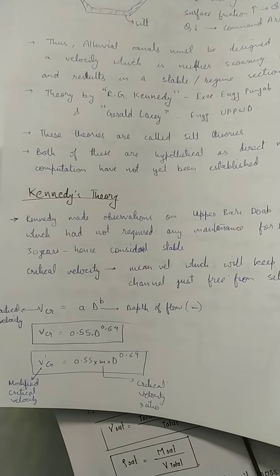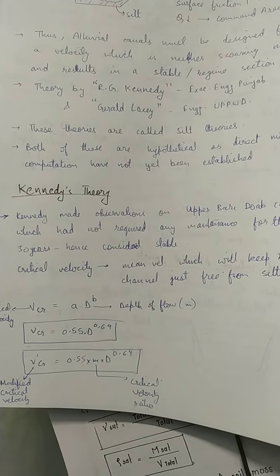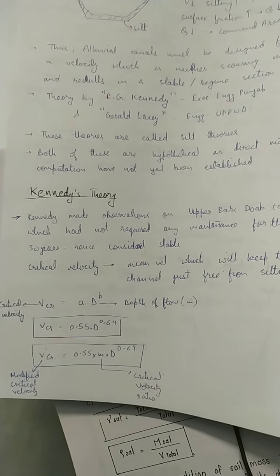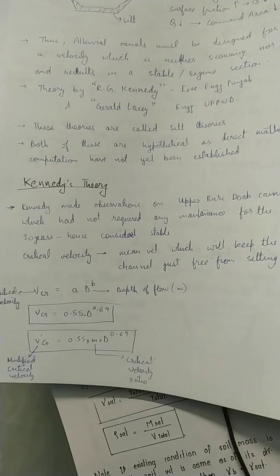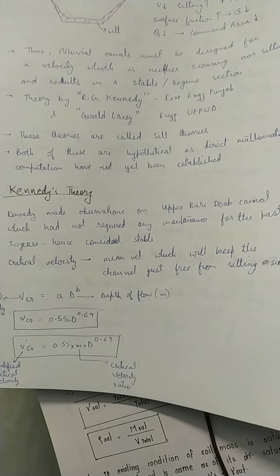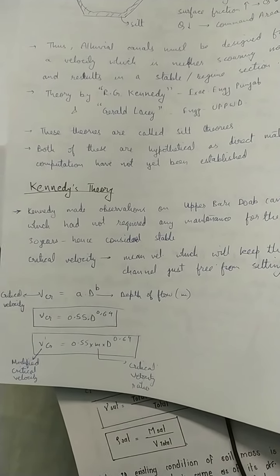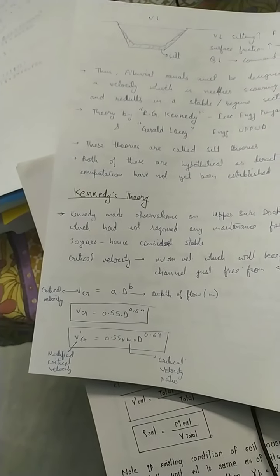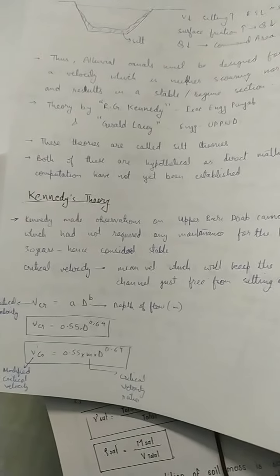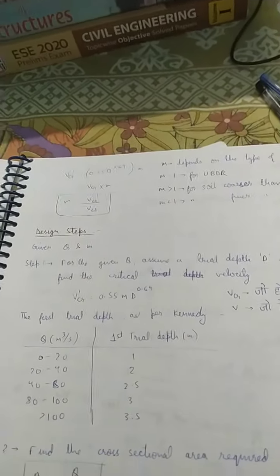Kennedy's theory: critical velocity is equal to 0.55 m d to the power 0.64, where m depends on the type of soil and is called the critical velocity ratio, and d is the depth of flow.